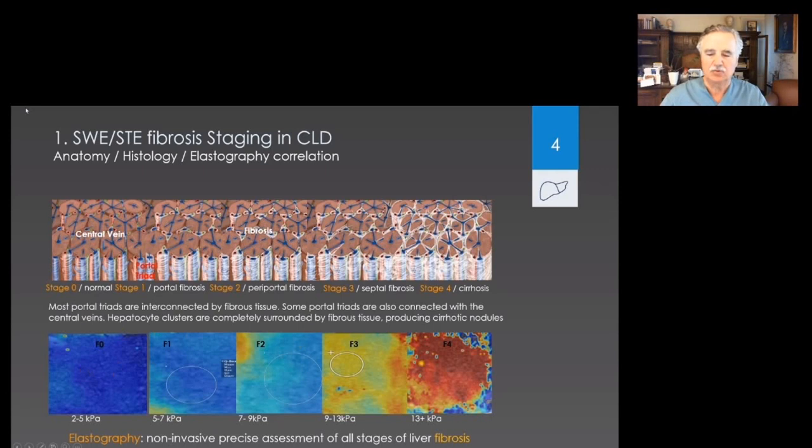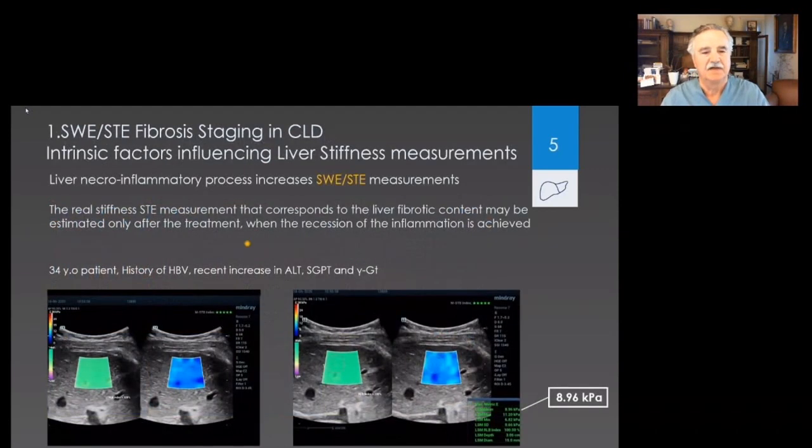We have already discussed during the last webinar, but we are going to insist on some issues of grading elastography from F0 to F4 in chronic liver disease. Let's take a case. We are going to discuss intrinsic and extrinsic factors influencing liver stiffness measurement.